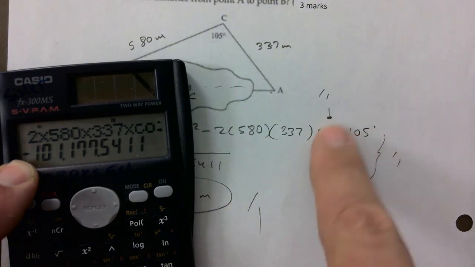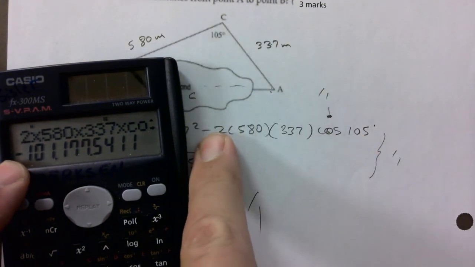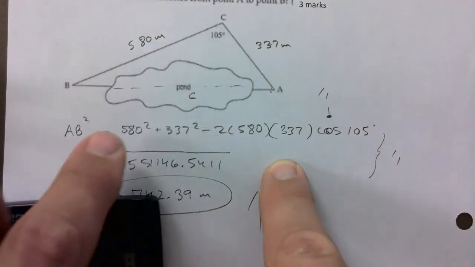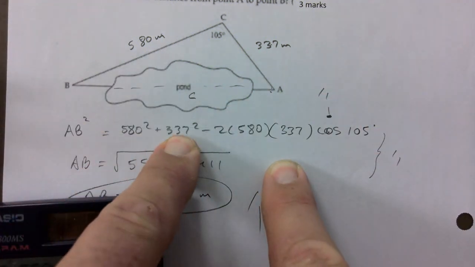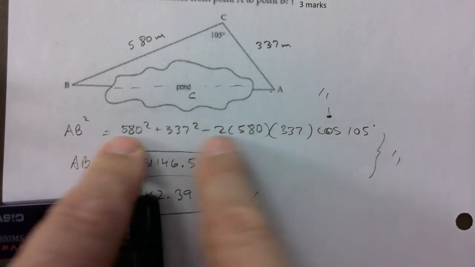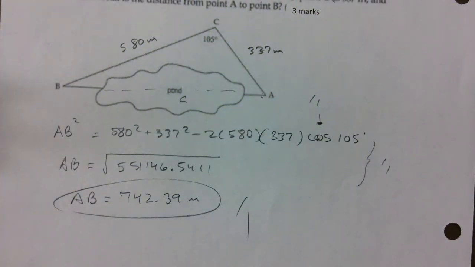That's because of this. So that negative with this negative up front actually turns this whole thing positive. So it's basically saying this squared plus all of this. So you need to be careful when you enter that into your calculator, okay?